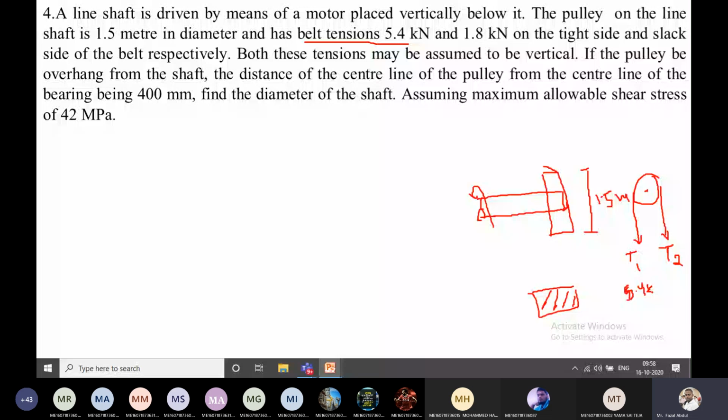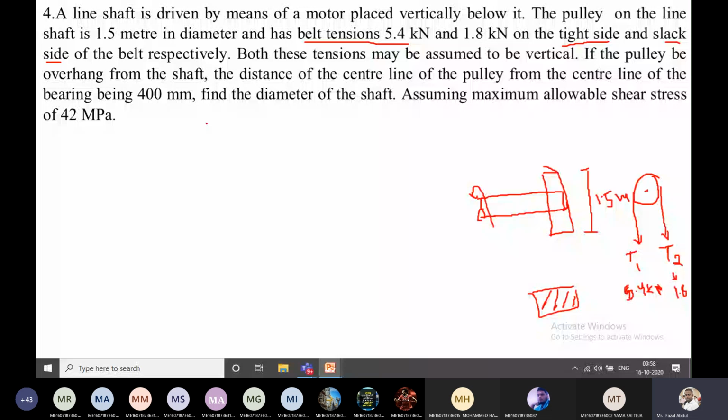If the pulley overhangs from the shaft, here I have drawn it like that. The distance of the center line of the pulley from the center line of the bearing is 400 mm. So the distance between the bearing and pulley is given. Here I am drawing the bearing. This is the conventional representation of the bearing.